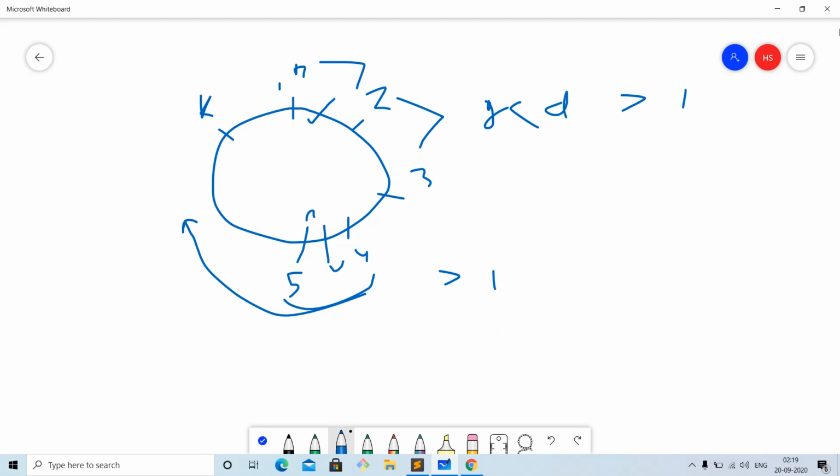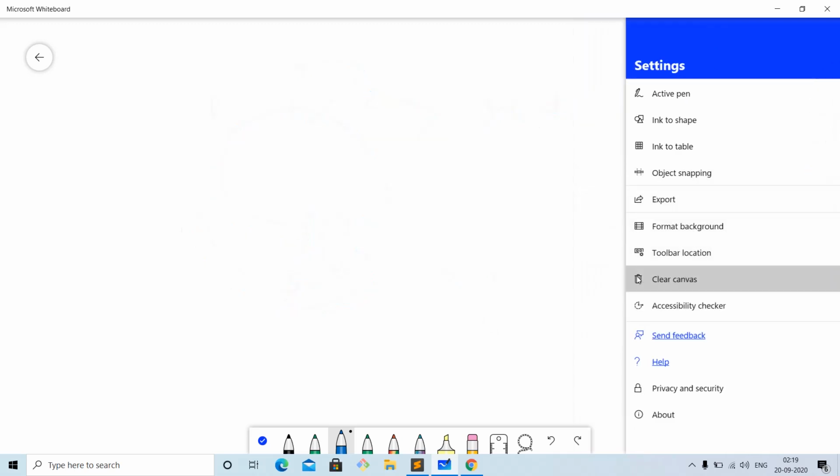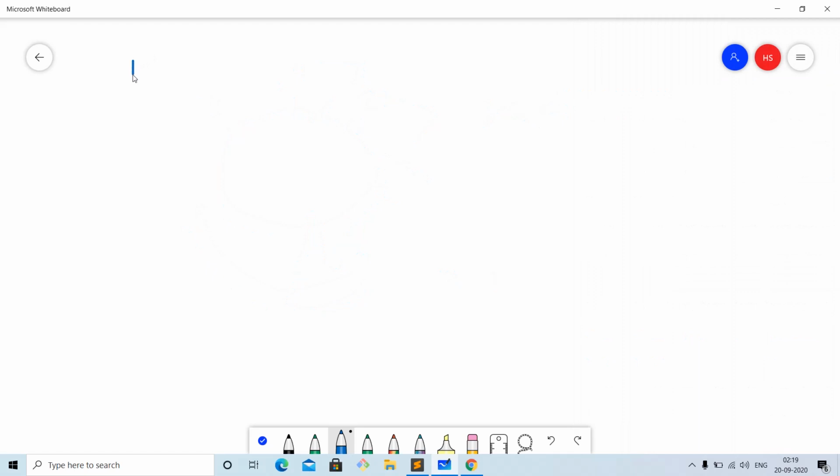So now let us try to understand this problem in a more general way. Let us say we are given this composite number n. Sorry for the poor drawing.